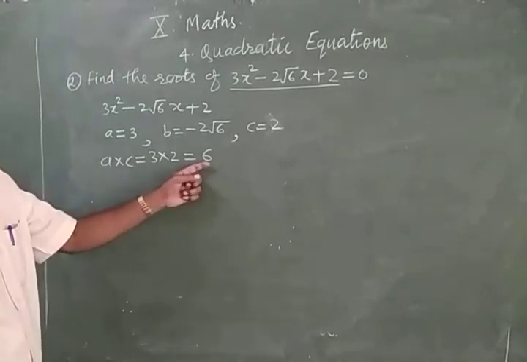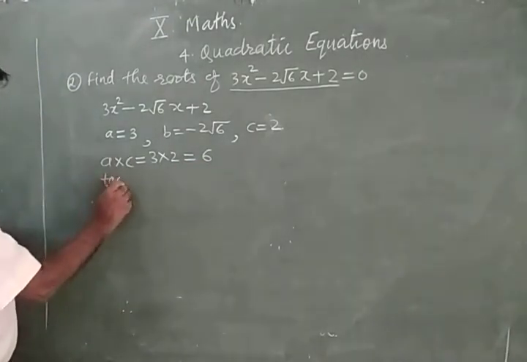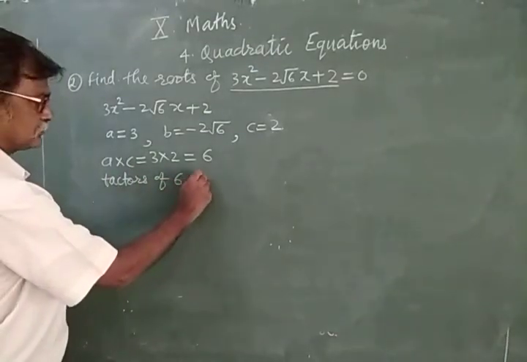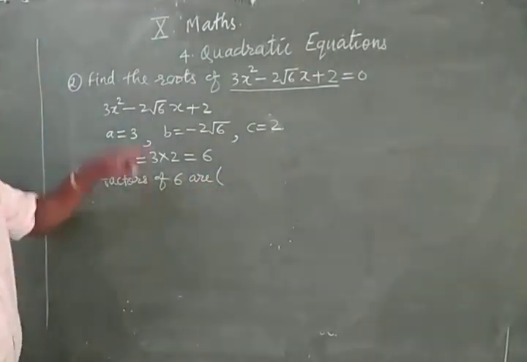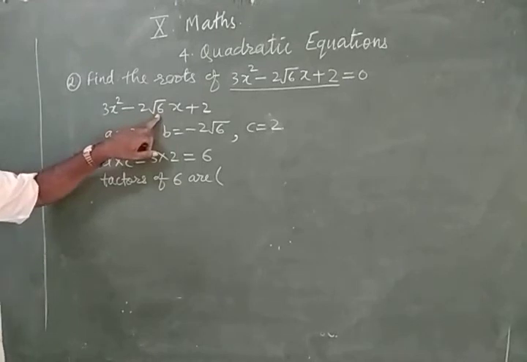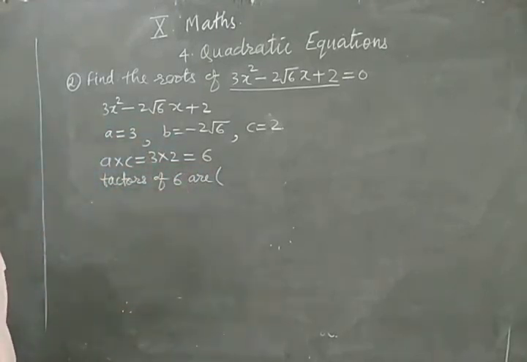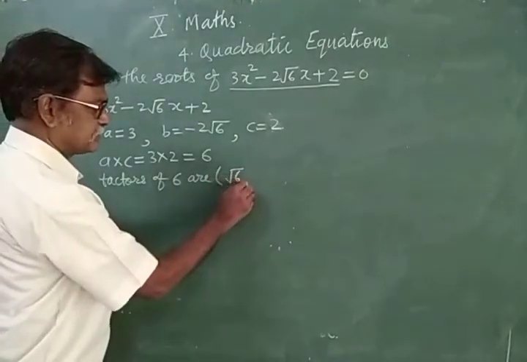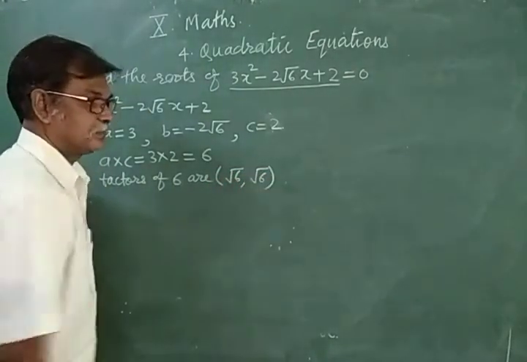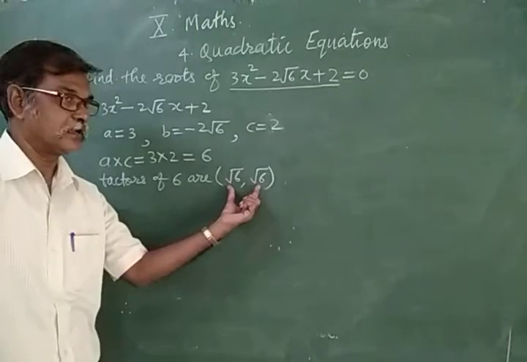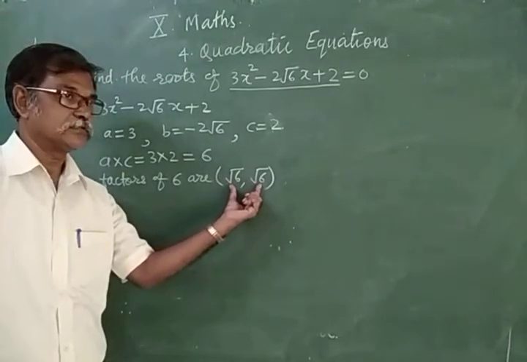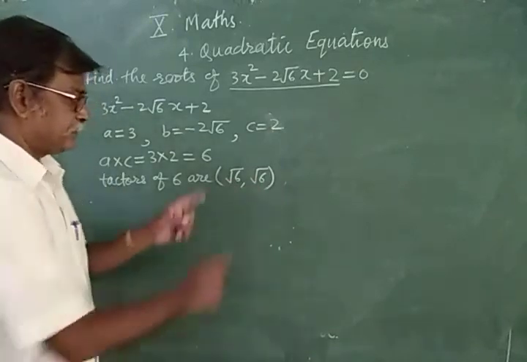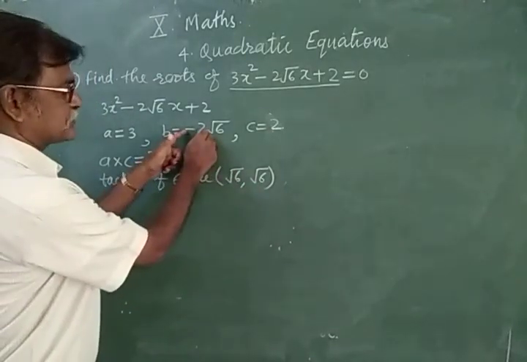Now the factors of 6 are... here, root 6 is there, so no need to go for others. This 6 is taken as root 6 and root 6 because their product is root 36, that is 6. But we want minus 2 root 6.